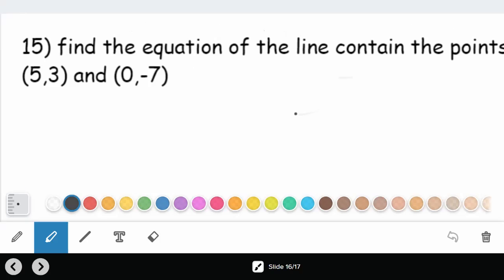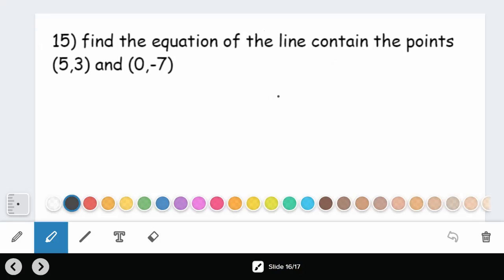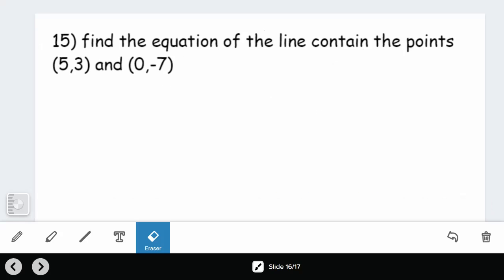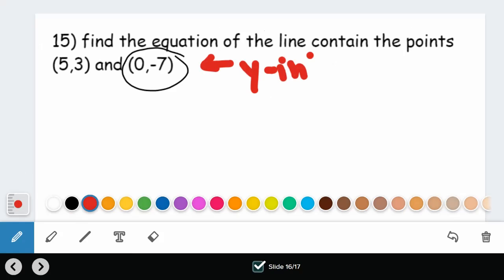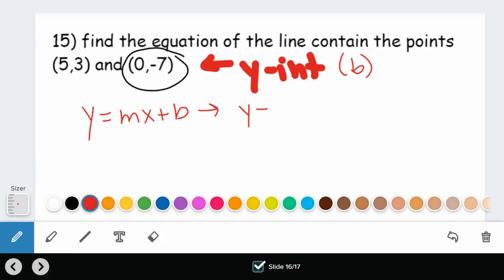So the next one, we want the equation of a line going through these points. Now this point right here is nice. That point is a y-intercept, okay? So when we write our equation y equals mx plus b, that is our b. So I know it's going to be y equals mx minus 7.